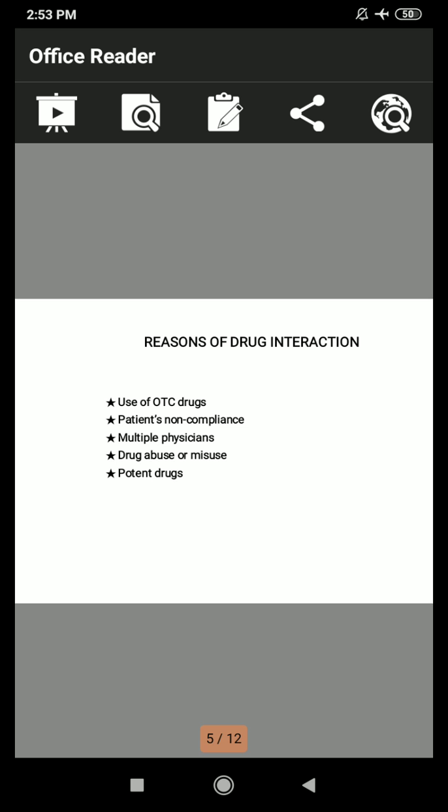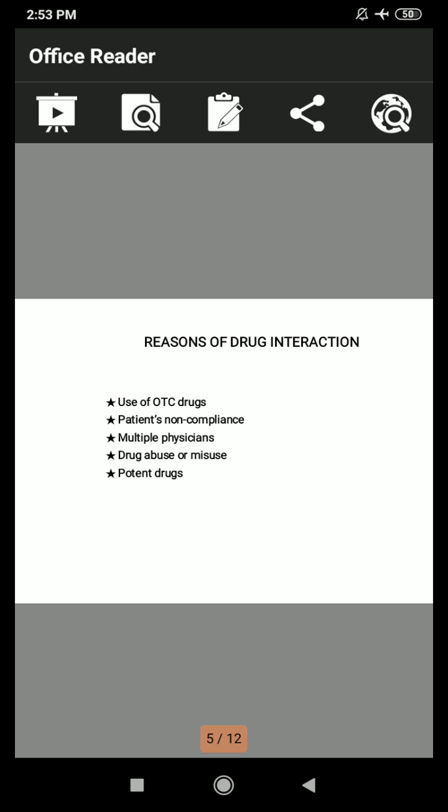Then second is patient non-compliance, in that many patients do not adhere to the instructions of prescribers or pharmacist's advice on prescribed drugs. Example: a diabetic patient is strictly advised to avoid alcoholic drinks, liquor, to avoid a hypoglycemic crisis.